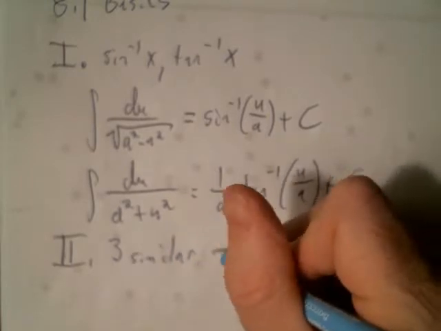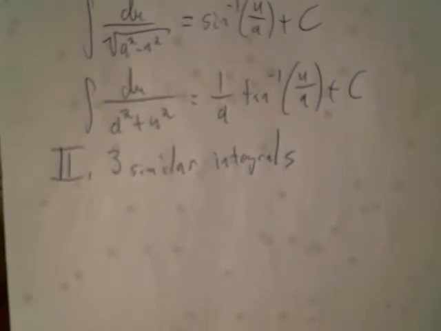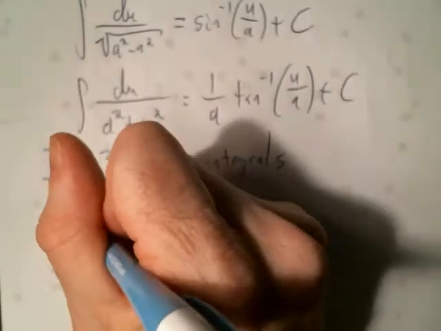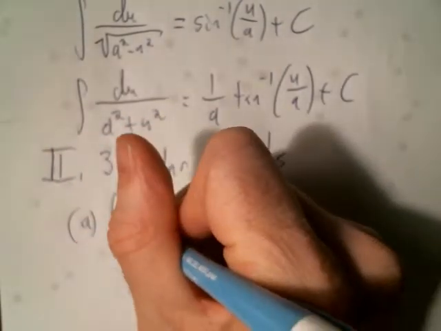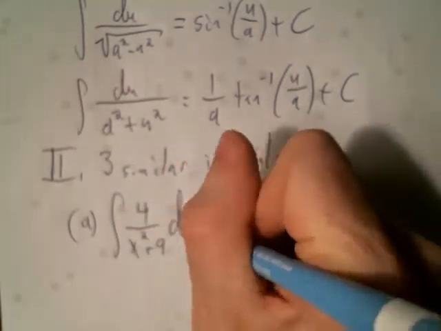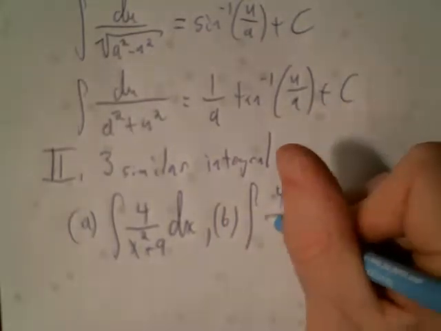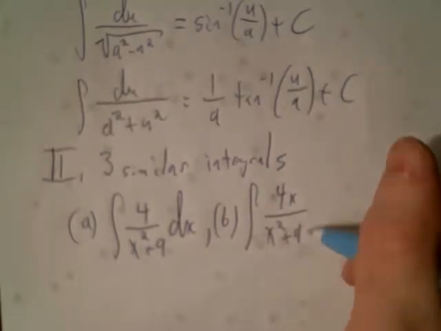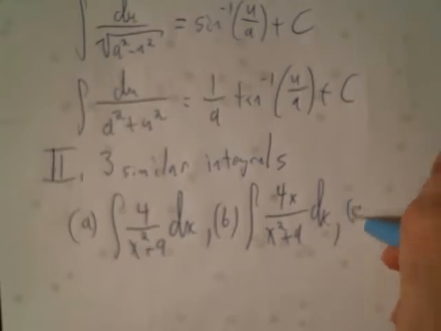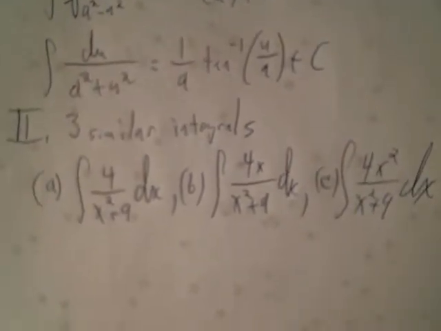Here are the guys: the integral of 4 all over x squared plus 9 dx, the integral of 4x all over x squared plus 9 dx, and then the integral of 4x squared all over x squared plus 9 dx. Great. So are they all the same?